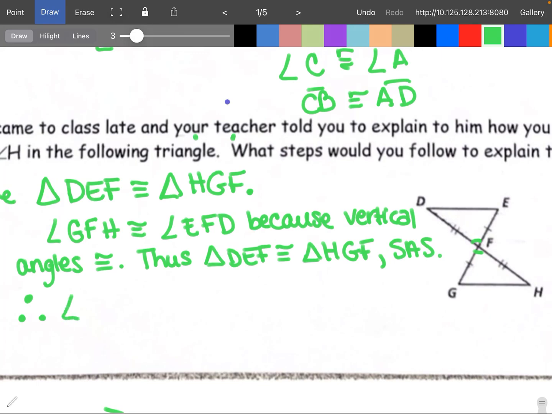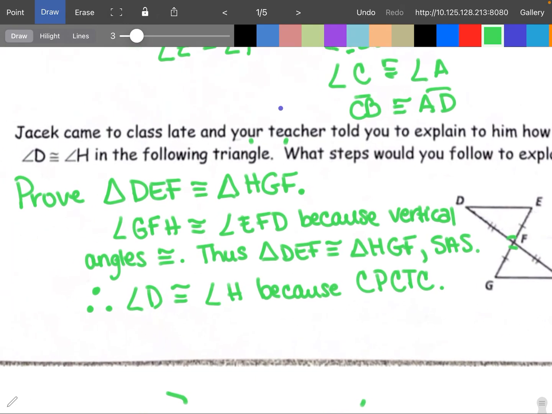Therefore, angle D is congruent to angle H because corresponding parts of congruent triangles are congruent. Ta-da! Okay, go back and read through that again because you're going to be seeing that a couple more times on the next page and in your prep work.